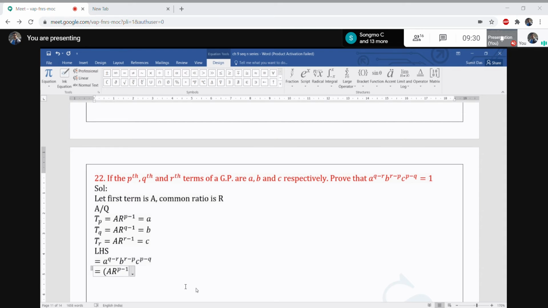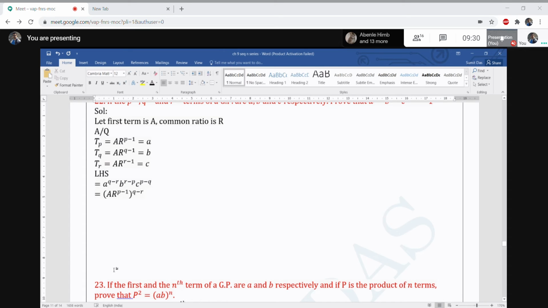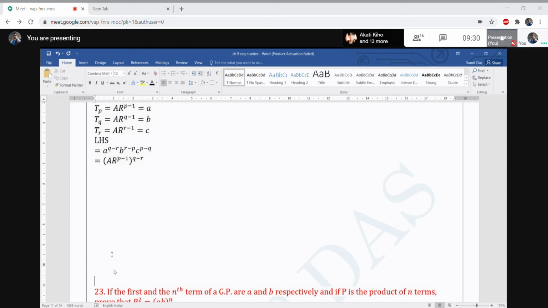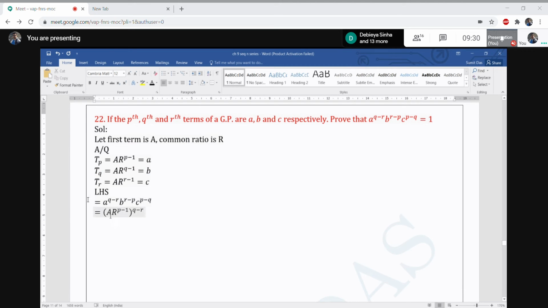Then close the bracket, to the power q minus r. Check this line. What I'm doing is replacing a, b, c. The a value we got is A R to the power p minus 1, so the outside q minus r will remain the same. Understood?